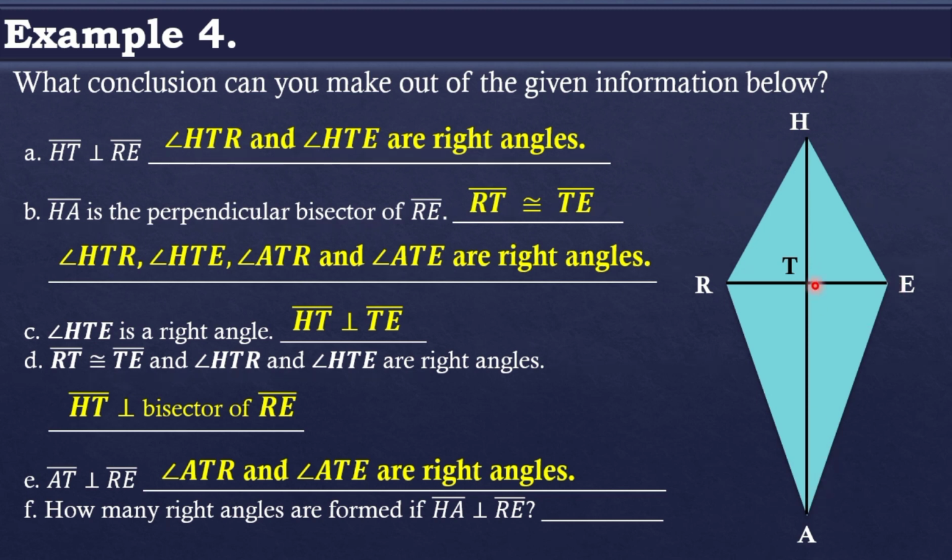Kasi AT is perpendicular to RE. Next. So, how many right angles are formed if HA is perpendicular to RE? So, ilang right angles ang mabubuo kapag HA is perpendicular to RE? Okay, so 1, 2, 3, 4. We have 4 right angles.